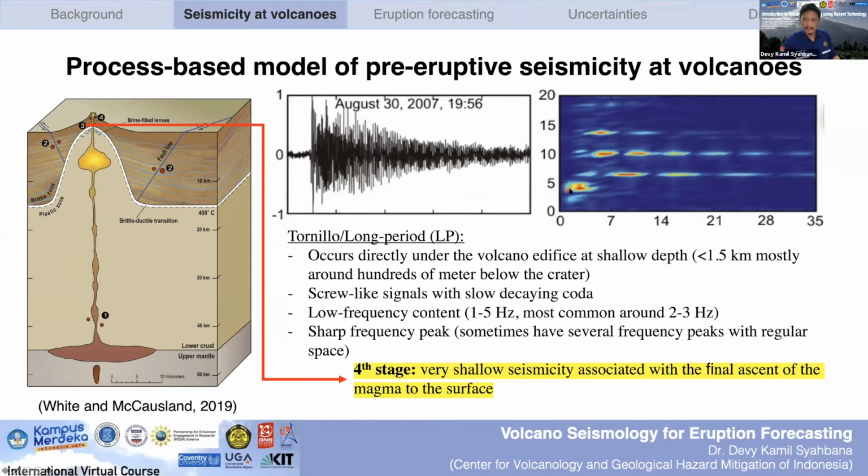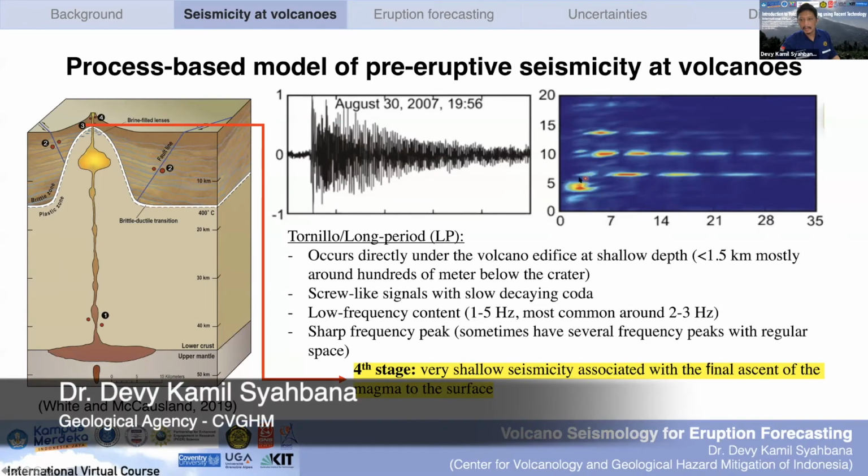You see that this is very sharp, 1, then 2, 3, 4, regularly spaced. The first one is around 2 to 3 here, and then the second one, the third one, and the fourth one. It makes a harmonic signal with regularly spaced spectral energy.